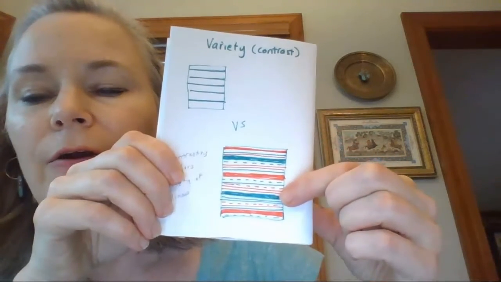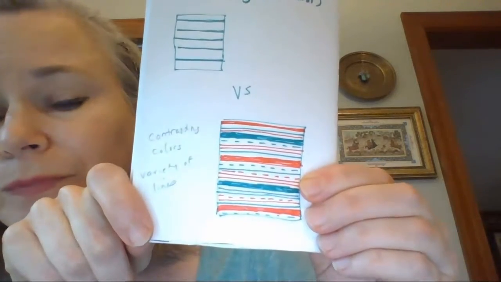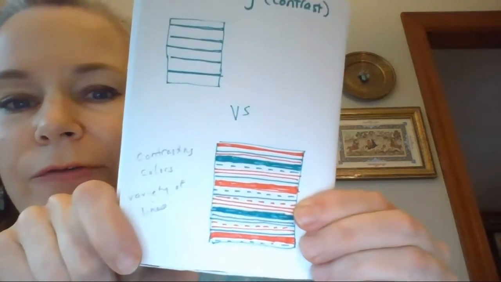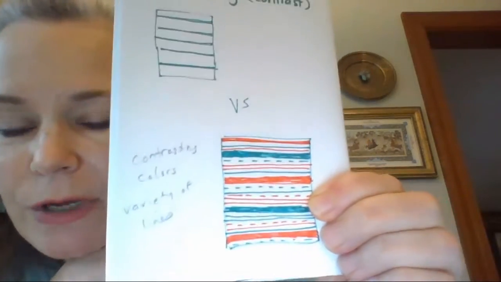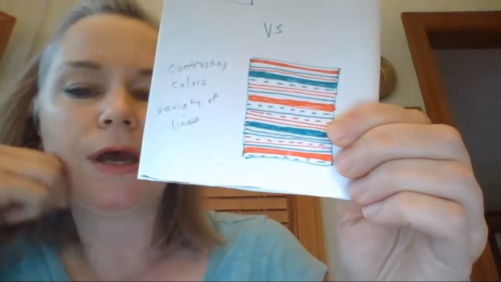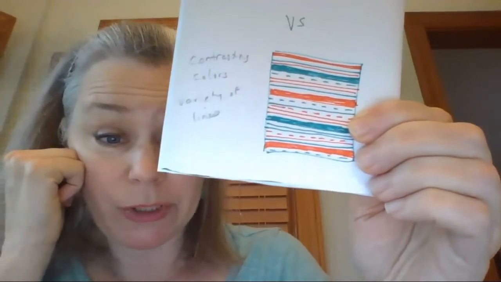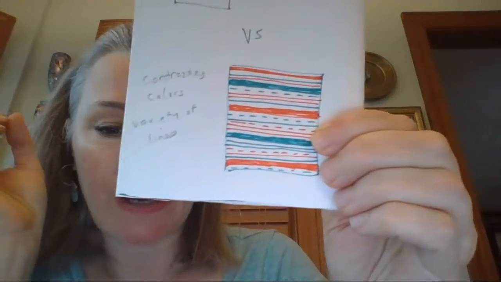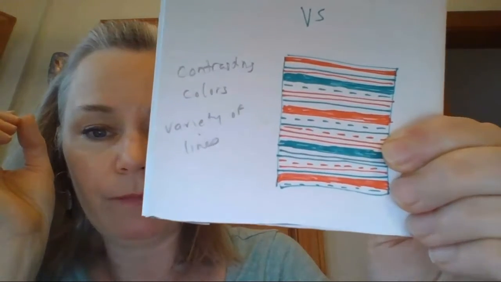Things are different in there. So I made the lines thicker in some places and thinner in others, and then I added some dashing lines to give it variety. And then for contrast, I added some color contrast, and contrast and variety are sort of similar. If you want something to really stand out, if you remember when we talked about color, contrasting colors would be colors that are complementary across from each other on the color wheel.